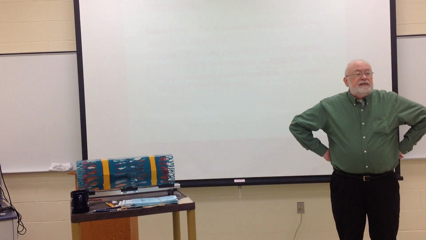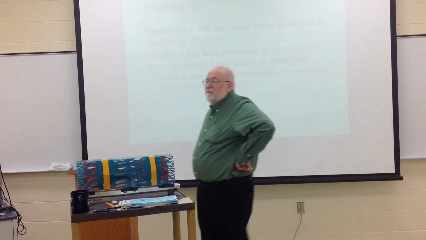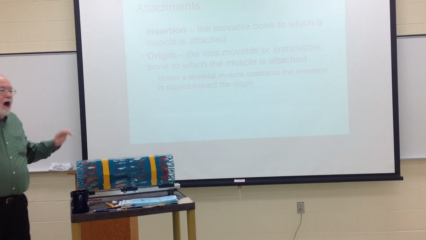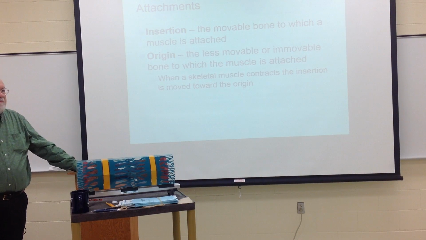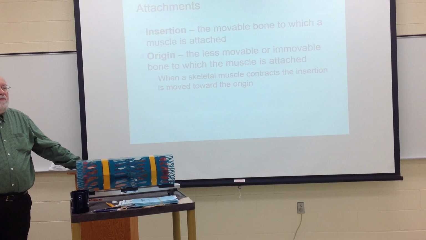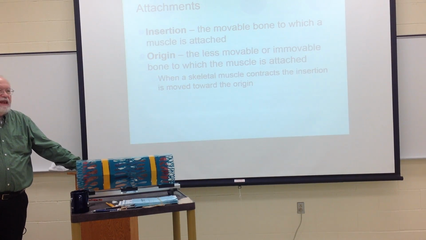And then there's the insertion, and that is, well, that's the bone that moves the most or does move. All right, so for example, if we consider the mandible and the masseter muscle, that I was exercising a moment ago when I was chewing on my crackers. I don't have orange teeth as a result, but anyhow.